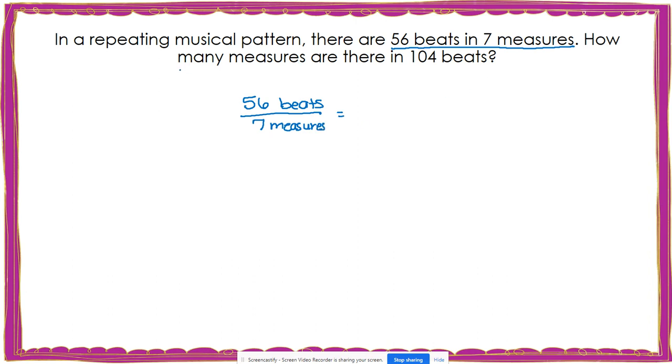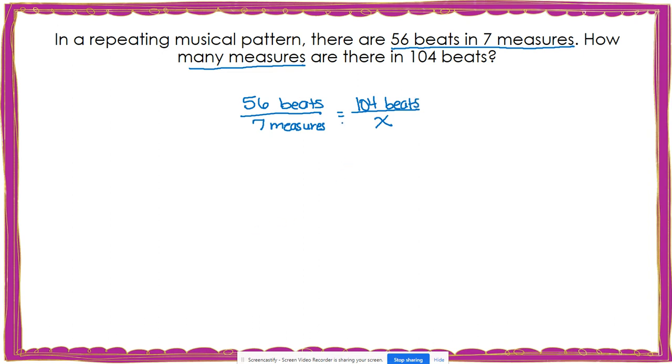Now I want to know how many measures. So in this case, I do not know how many measures. Since measures are in my denominator over here, I'm going to put a variable for measures in my denominator on my second ratio. This time I know that there are 104 beats, so I'm putting 104 beats in the numerator.